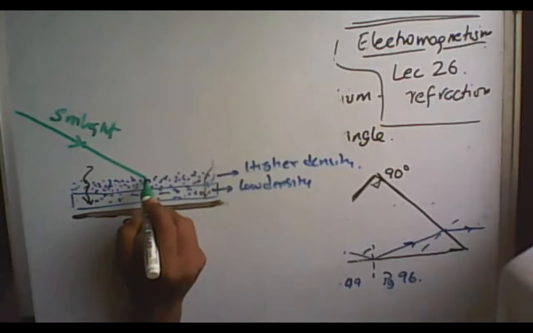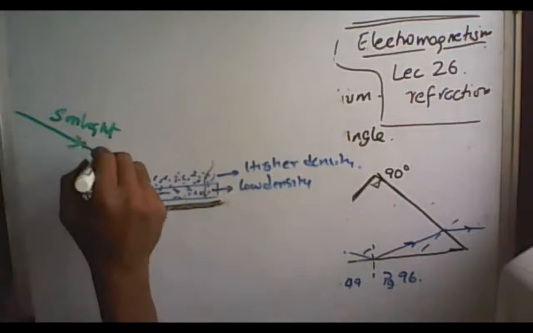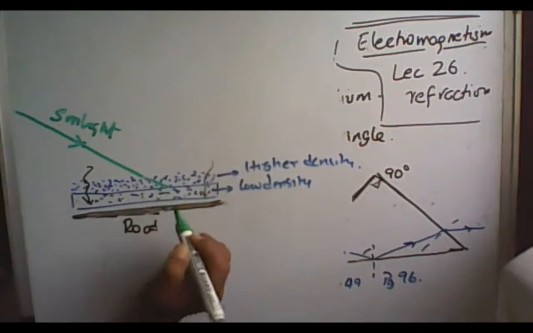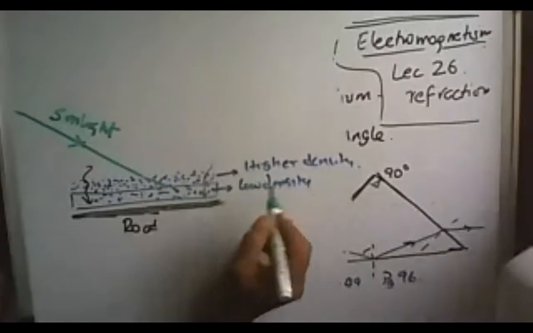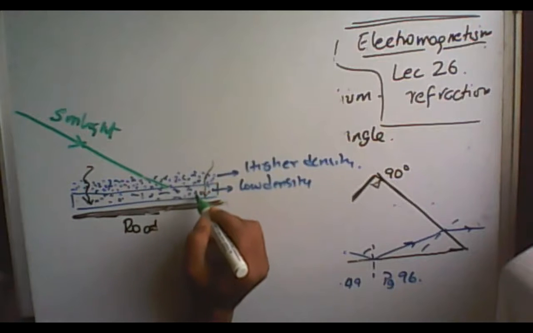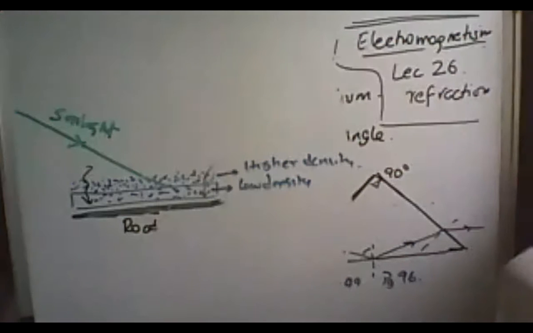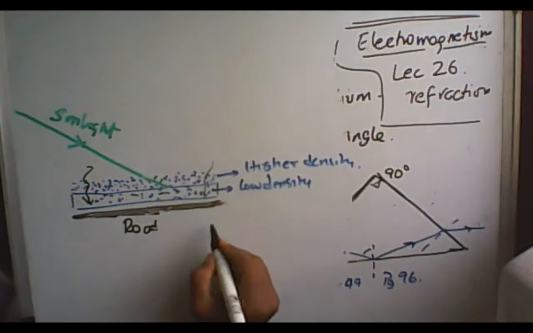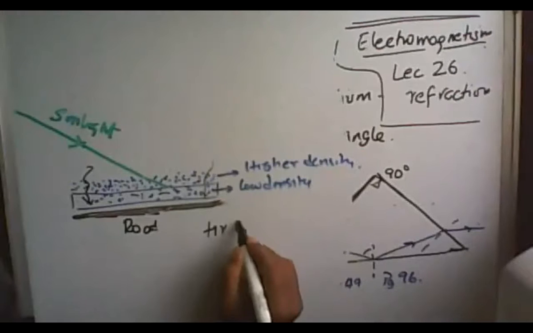Now when it goes from this density into this density, what is happening over here? Light is going from a higher density to a lower density, right? And when it goes from a higher density to a lower density, it is possible that TIR can take place, correct? TIR is possible.